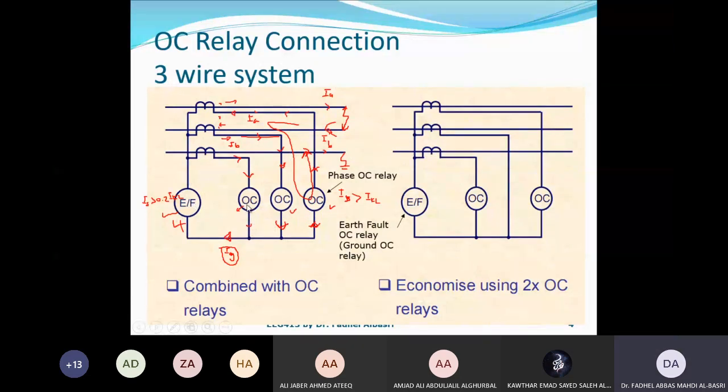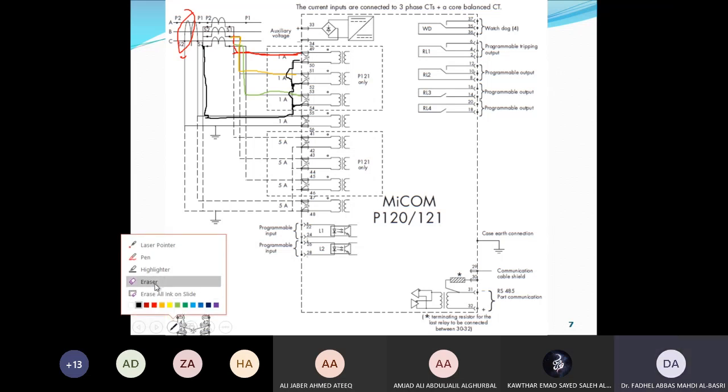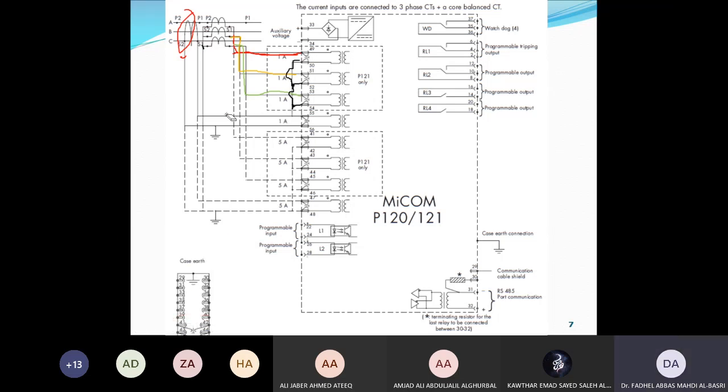So channel 1, 2, 3, this is the fourth channel, the input channel. So how do we do that? Instead of this, I would do the following. Instead of returning this to the CT, I will connect in this way. I will take the star point to the fourth channel.